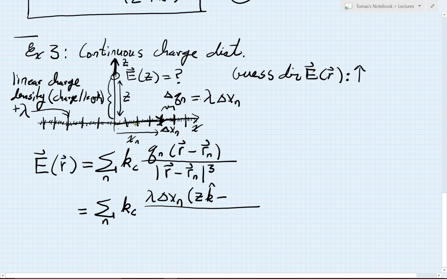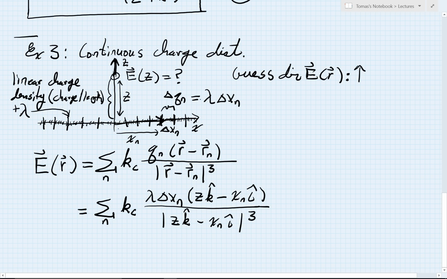And when I do that, this vector simply becomes that distance x sub n times the direction I'm traveling, namely along the x-axis, the i-hat direction. That completes my vector, and then just like before, the denominator follows by simply copying the vector that I just wrote in parentheses, taking its magnitude, and then cubing it.